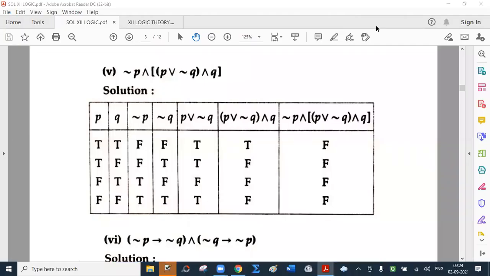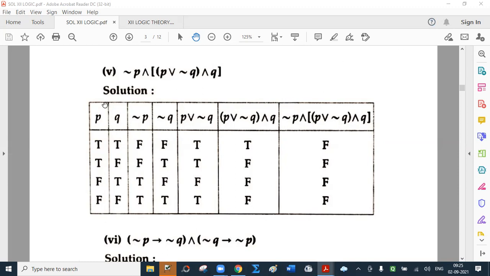Now in fifth sum, first column will be P, second will be Q, but note that we need not P, not Q also. Okay. So first 4 columns P, Q, not P, not Q, then P or not Q, then P or not Q and Q, and finally this.